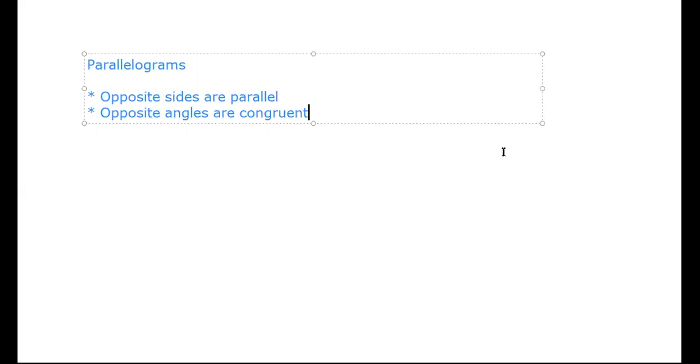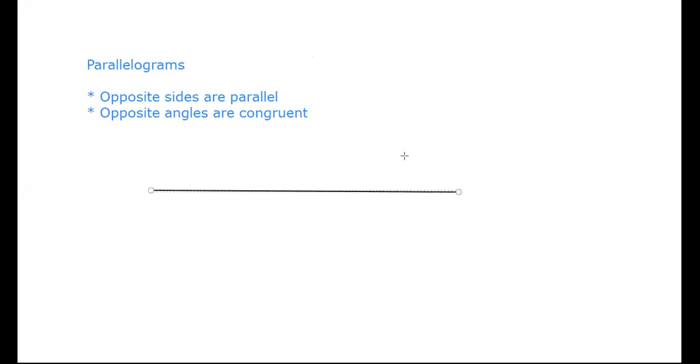Now let's backtrack just a minute and look at two parallel lines. And imagine that we had two transversals with those parallel lines, and just assume our transversals were also parallel.